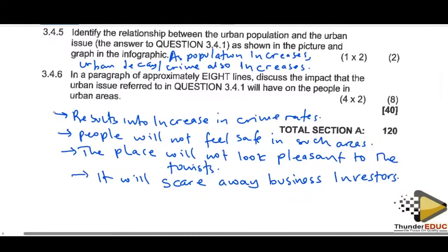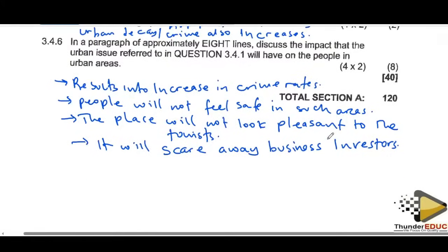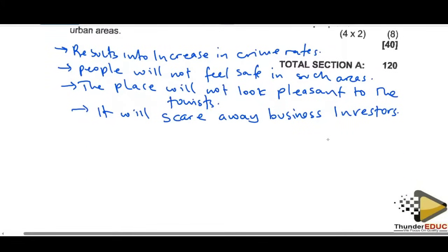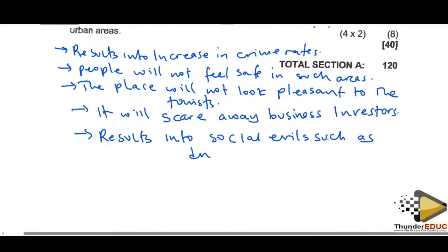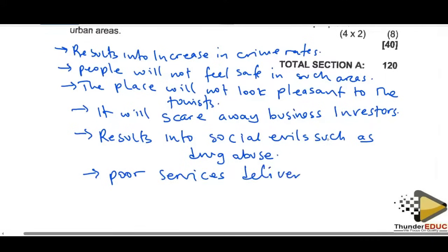It also results in social ills such as drug abuse, and poor service delivery in such areas.